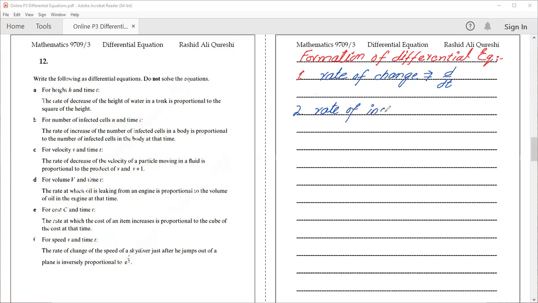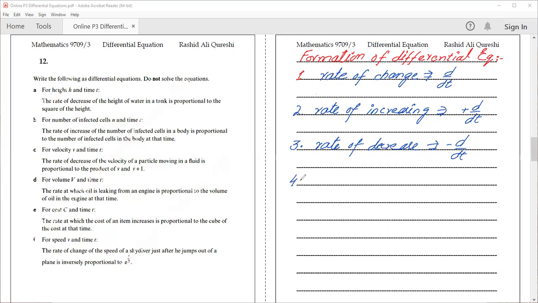Whenever we have the rate of increasing, then you have to write plus d by dt. Whenever we have the word rate, this means derivative with respect to time. Whenever we have the word rate of decrease, this means you have to use minus d by dt, derivative with respect to time.